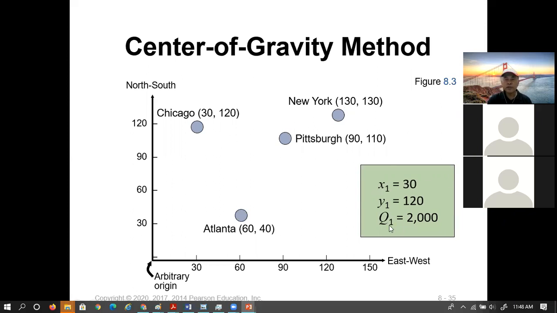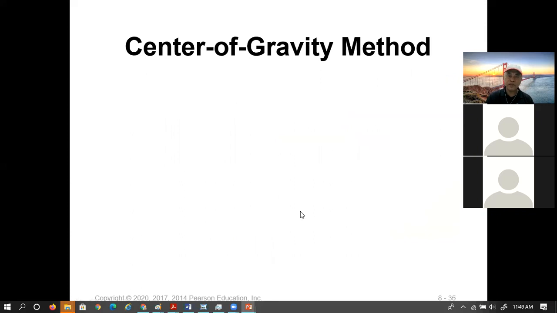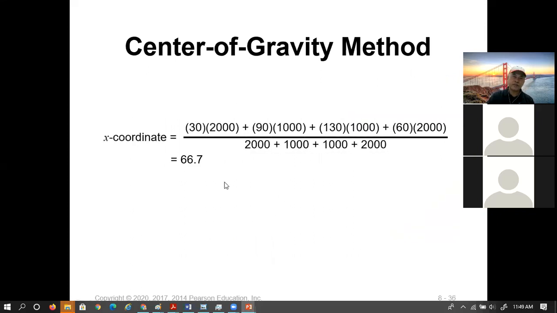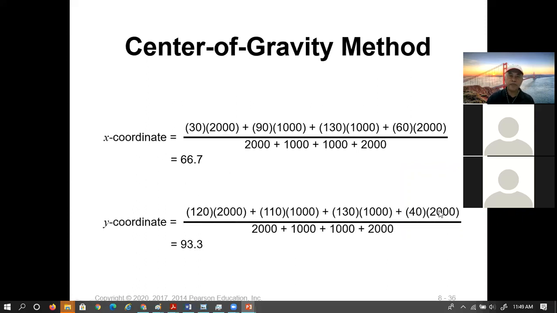For Chicago, for example, the quantity, the number of customers or number of shipments to be delivered to that city, is 2000. And then, where is the center of gravity? The center of gravity can be calculated just with this equation. This is the coordinate, and this is the quantity for a certain city. This is Chicago and the others.